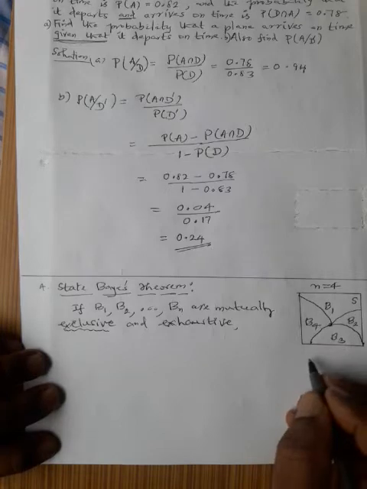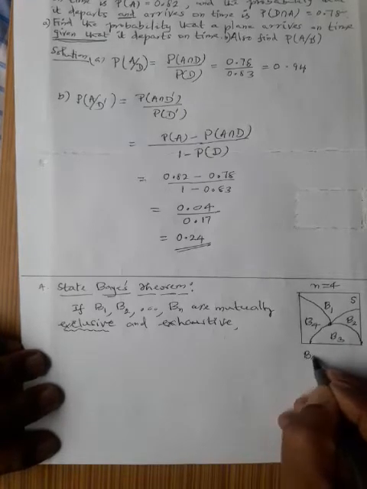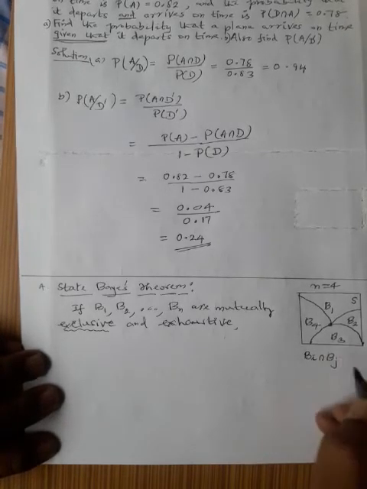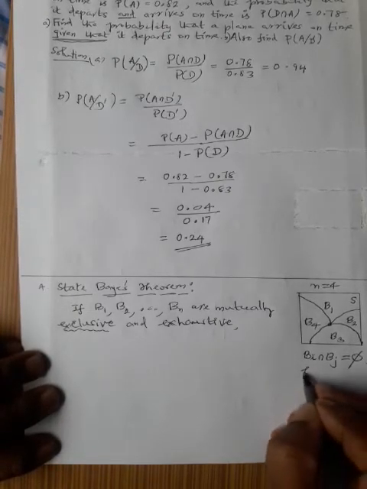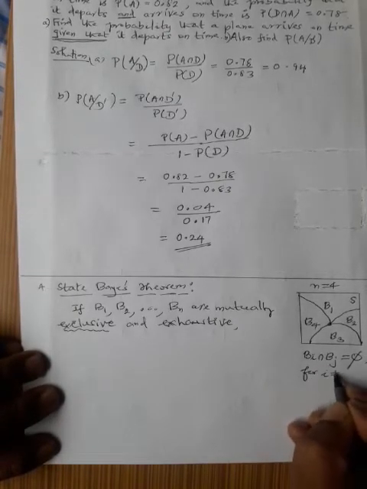So mutually exclusive means Bi intersection Bj equals empty set for i not equal to j.